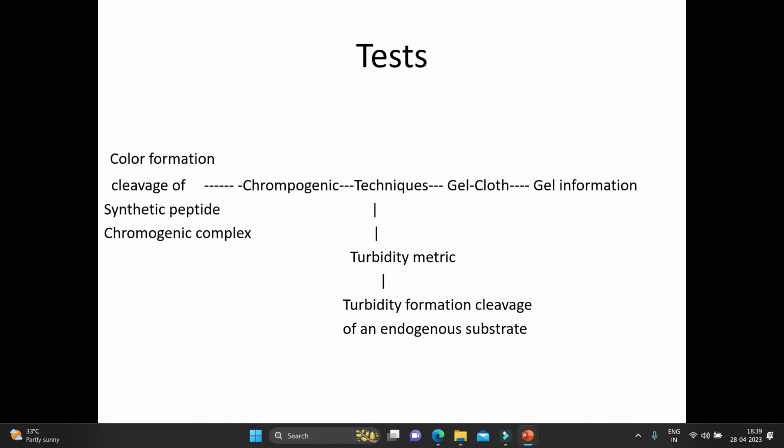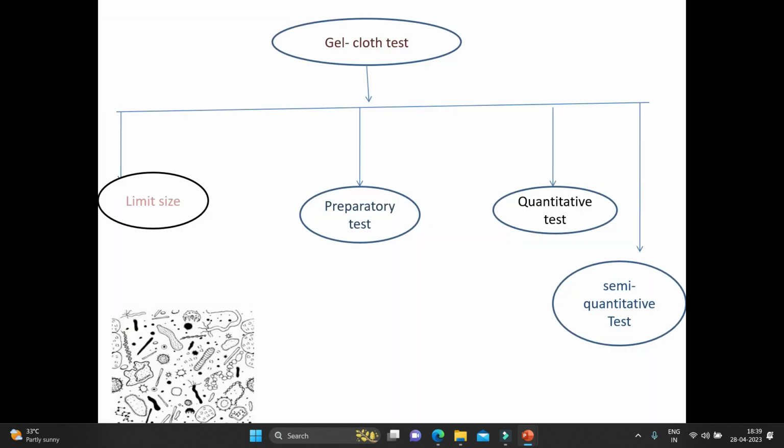And also turbidimetric, where turbidity formation results from cleavage of an endogenous substrate. Gel clot tests include the limit test, preparatory test, and quantitative and semi-quantitative tests.